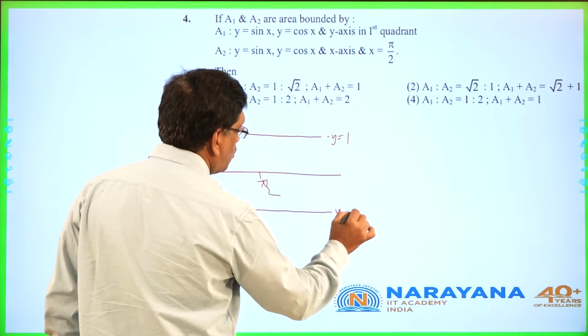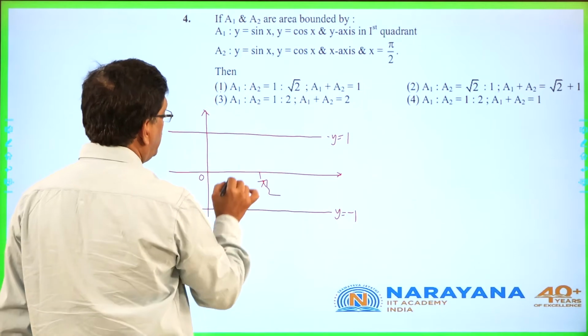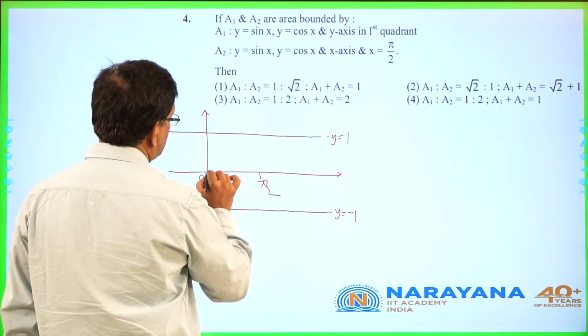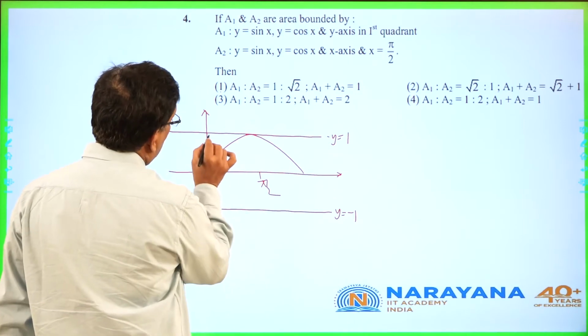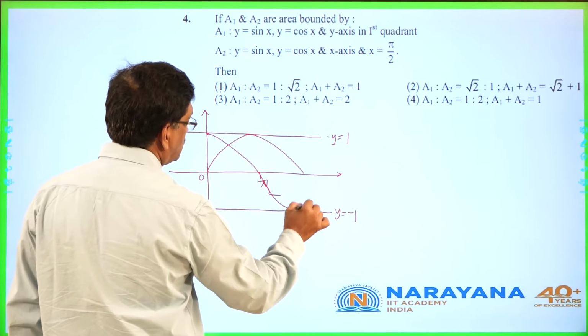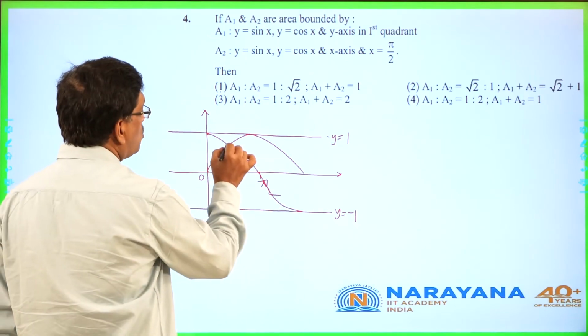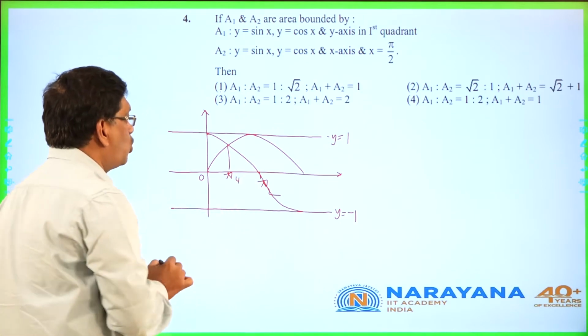This is y equals minus 1, origin. So this is sin x like this, cos x like this. These two are intersecting at pi by 4.